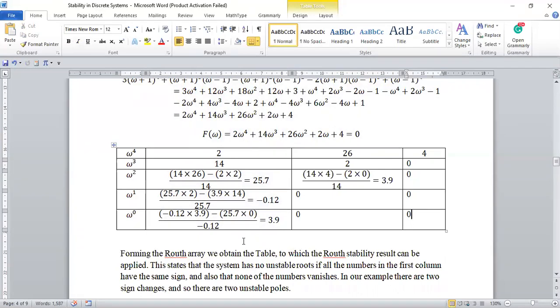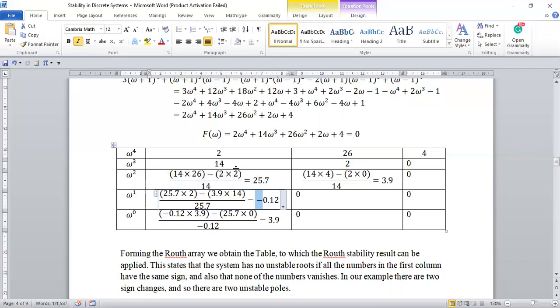Then if we have a value that has a different sign, then the number of changes in sign equals the number of unstable poles. So here we can see that here is positive, positive, positive, and here is negative. So definitely this particular system is unstable. Then how many unstable poles do we have?